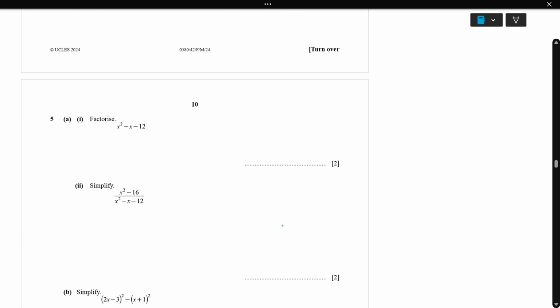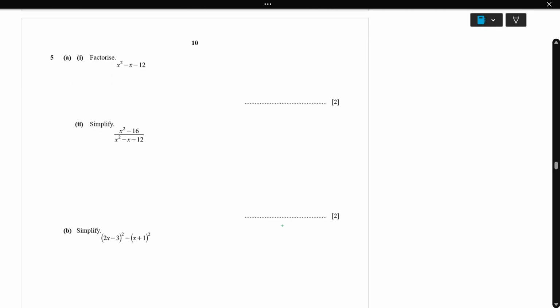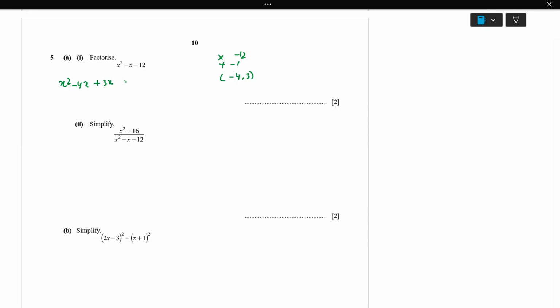The next question, question number 5. Factorize x square minus x minus 12. Here, the product is minus 12 and the sum has to be negative 1. The factors are negative 4 and 3. So I'll expand here: x square minus 4x plus 3x minus 12.